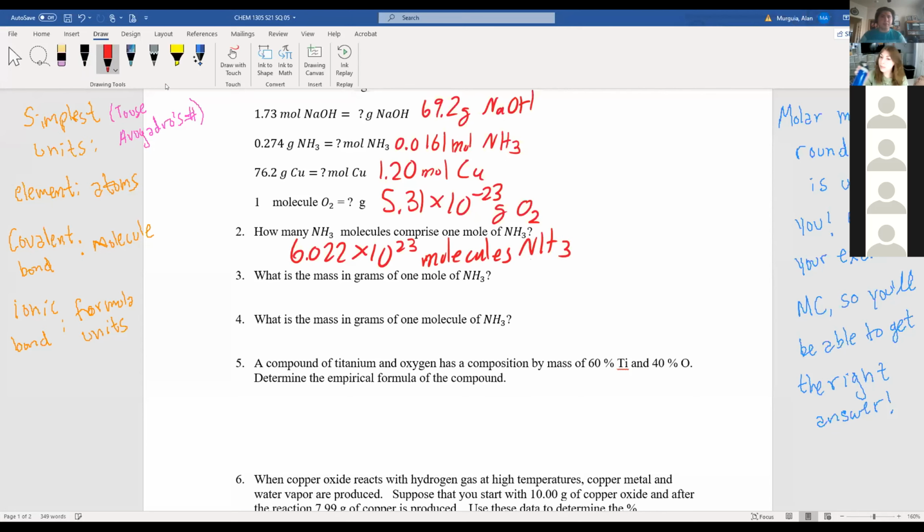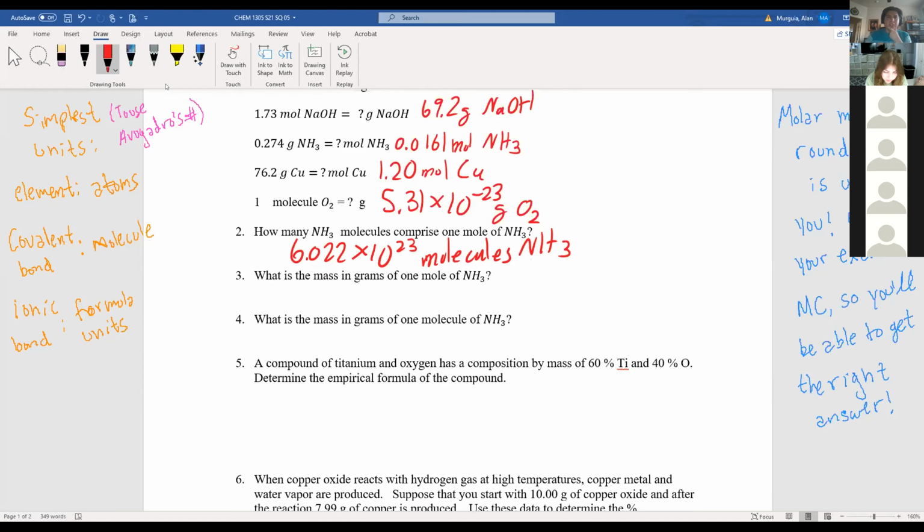Exactly, perfect. Now, moving on to number 3: what is the mass in grams of 1 mole of ammonia? This is asking for the molar mass, right? Since we're going from moles to grams, we have to multiply by the molar mass.